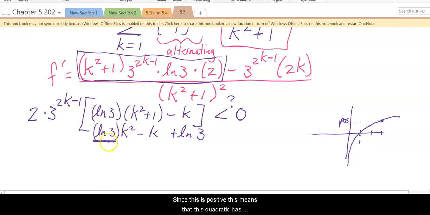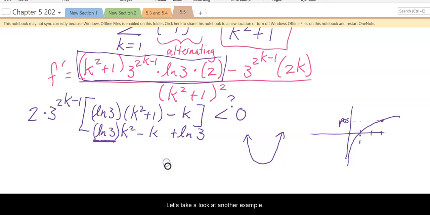Since this is positive, this means that this quadratic has to have a shape looking like a parabola going up. That means that at some point it is forever after going to be positive. This is a problem because this indicates that this is in fact increasing, and that means that I cannot use the alternating series test.